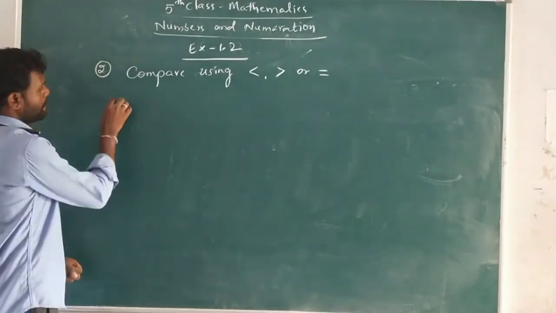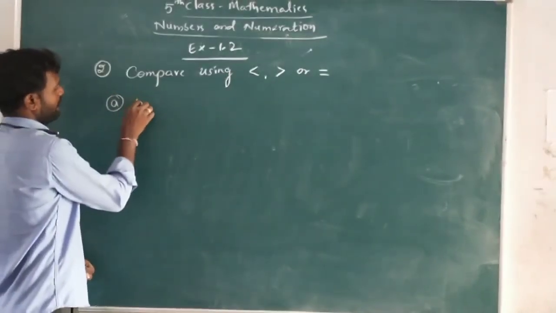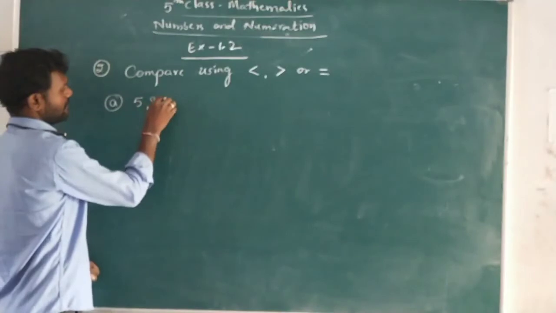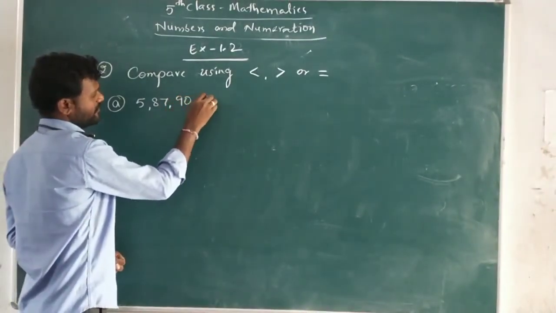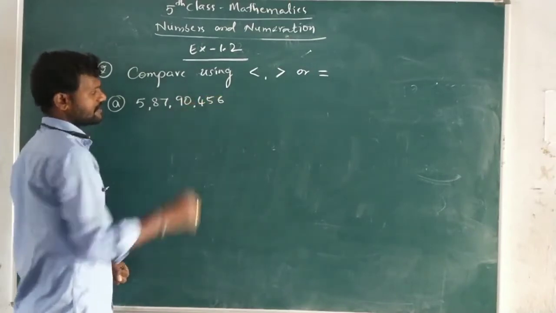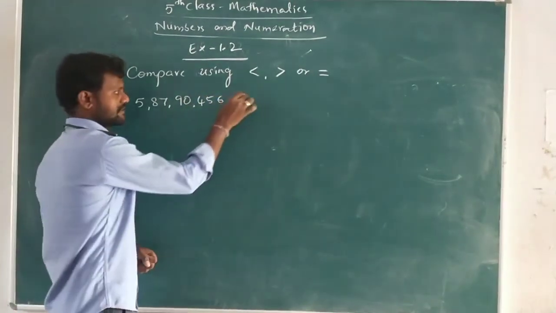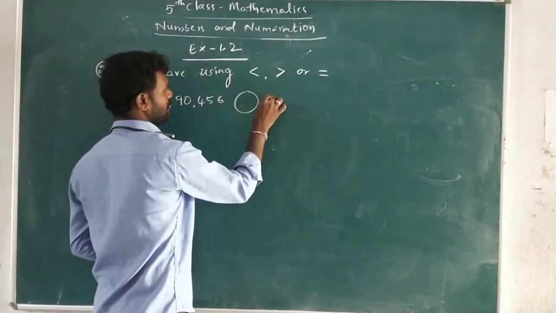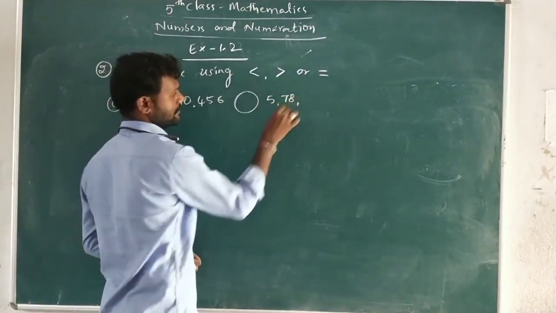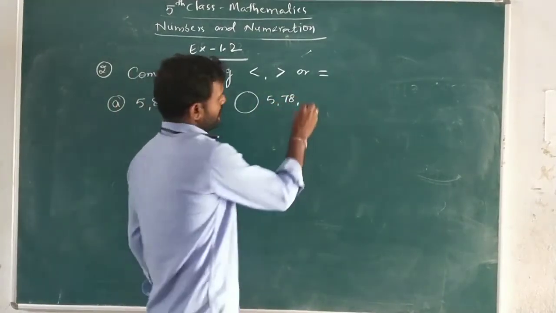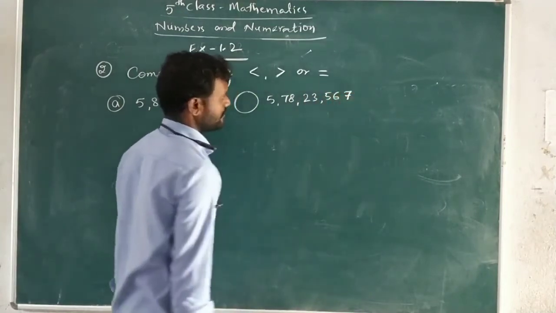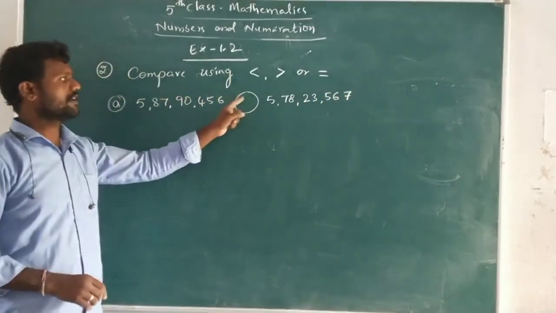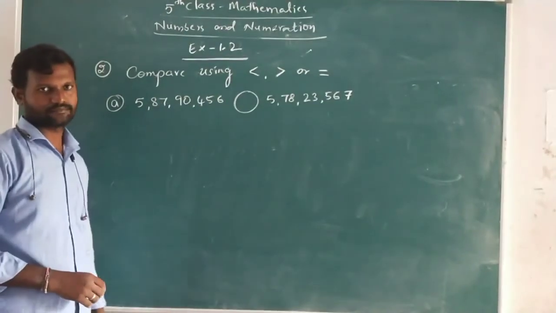First, A: 5,87,90,456. This is a number given. Next, 5,78,23,567. This is another number given. So which symbol do you have to write in this circle?